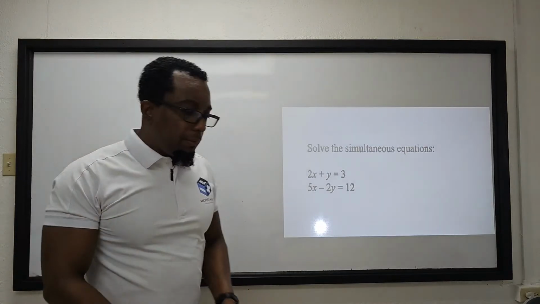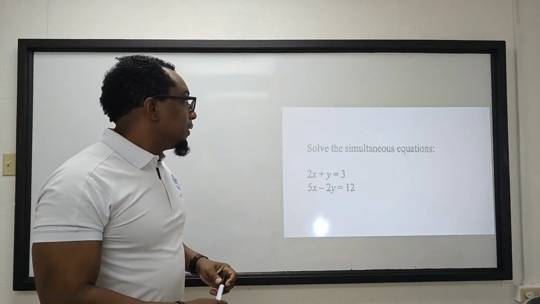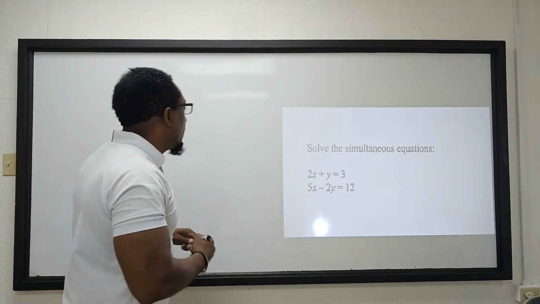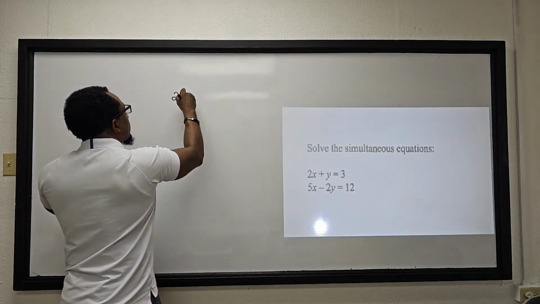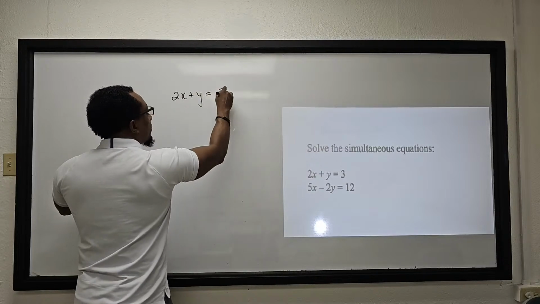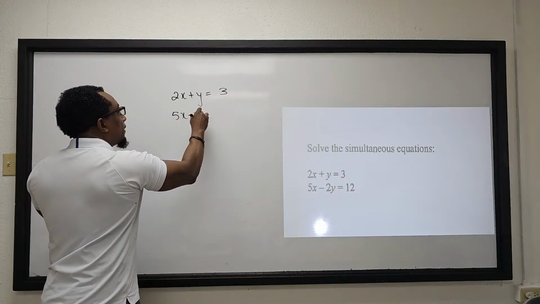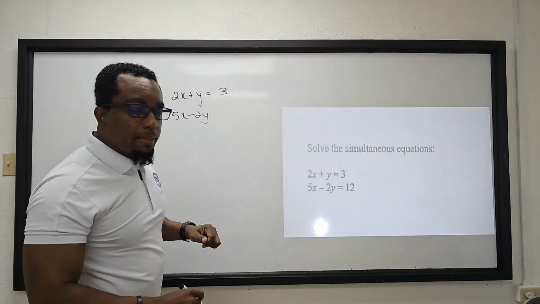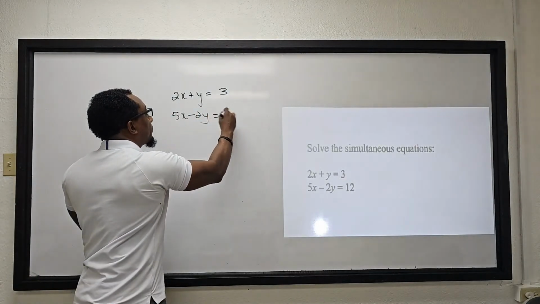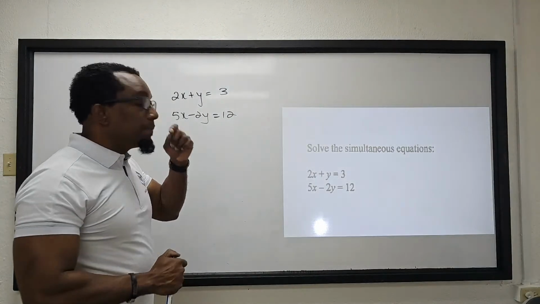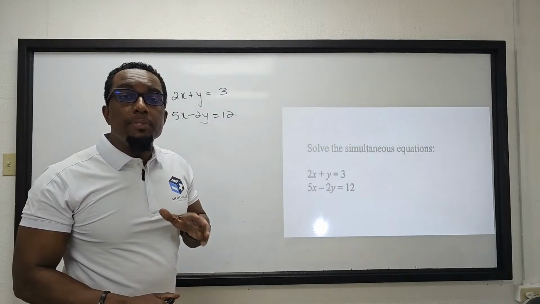So let's solve the pair of equations simultaneously using the method of substitution. So we have here 2x plus y is equal to 3, and we have 5x subtract 2y, it is equal to 12. So we want to solve the pair of equations simultaneously, but this time I'm using the method of substitution.